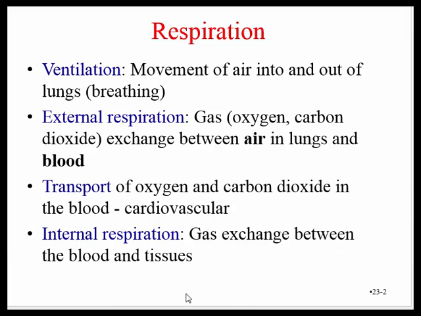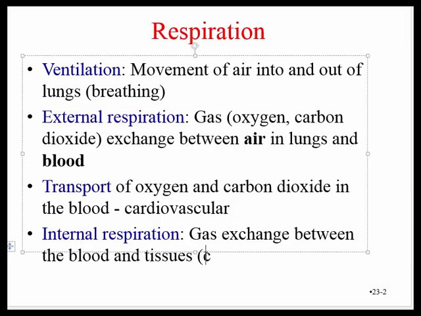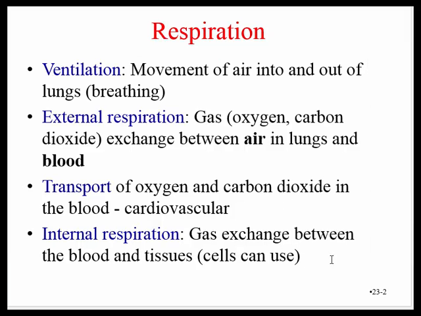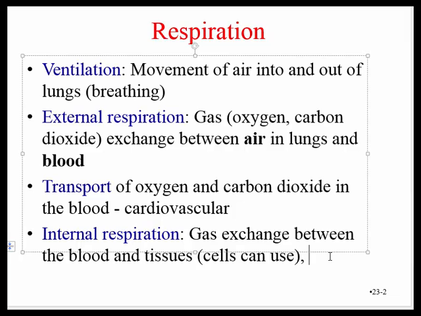And then finally, internal respiration is the exchange of gases, again oxygen and carbon dioxide, between the blood and our tissue cells. That way, our cells can use that oxygen and get rid of carbon dioxide. This is also a little more of a function of the cardiovascular system.